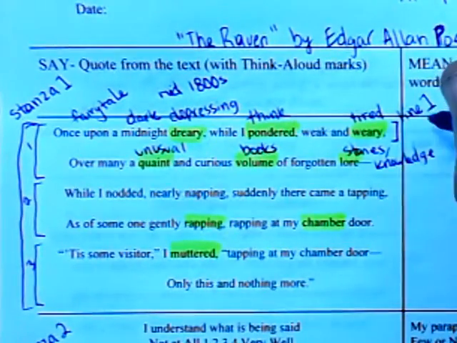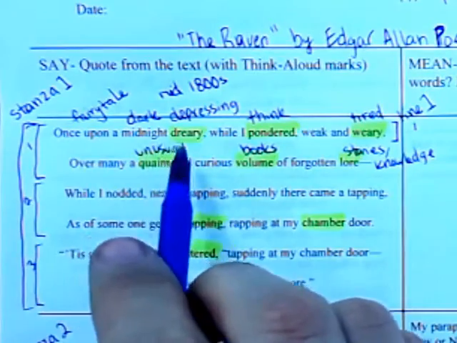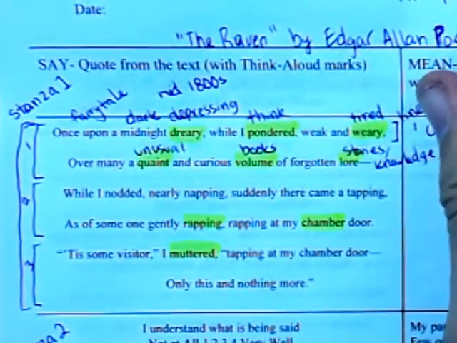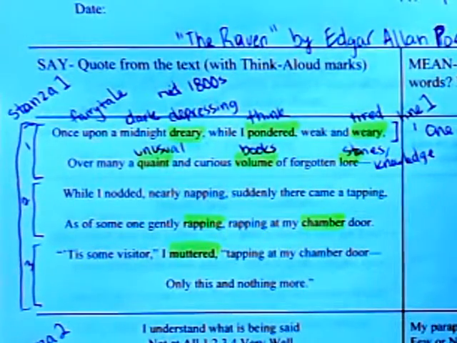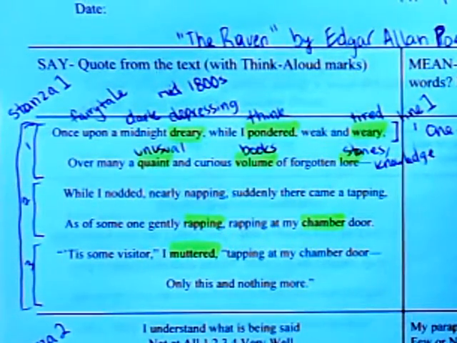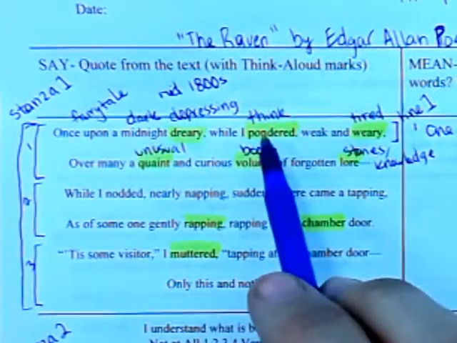So let me see now if I can write what my number 1 is. "Once upon a midnight dreary" is like saying "one sad midnight." And then I'm going to put "weak and weary" in front of "pondered."